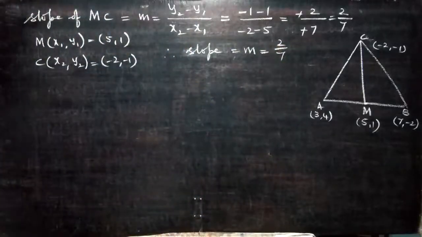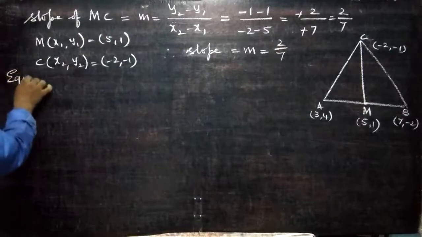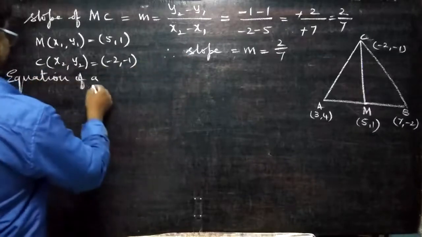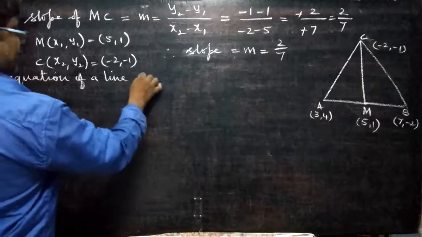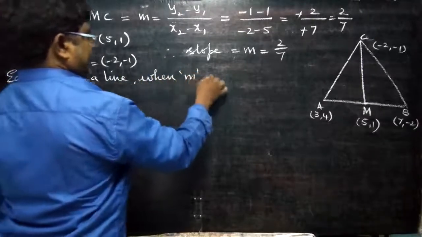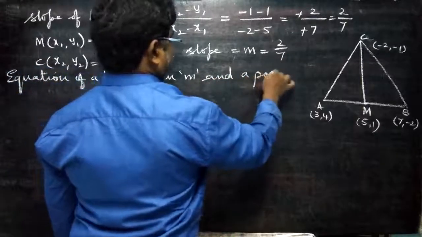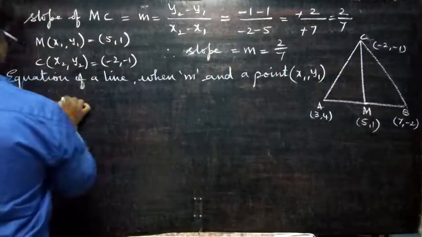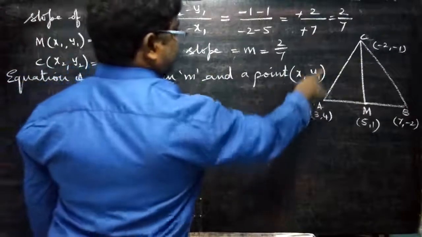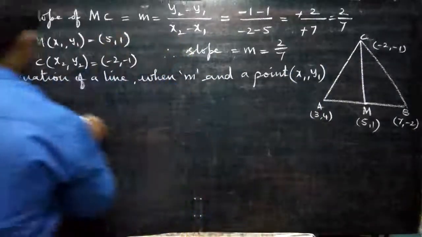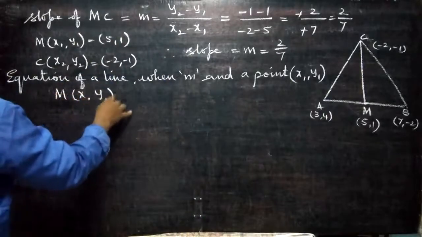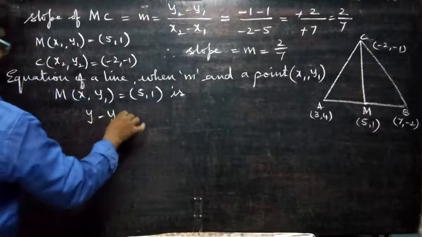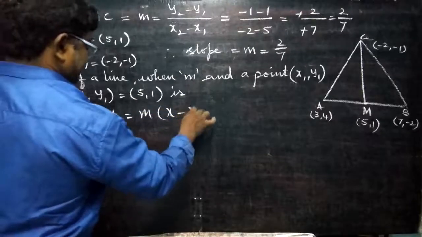Now the equation of a line, the median CM. The equation of the line when slope m and a point x1 comma y1 are given, here you can take either C or M. Take M, the easy one, 5 comma 1: y minus y1 is equal to m into x minus x1.